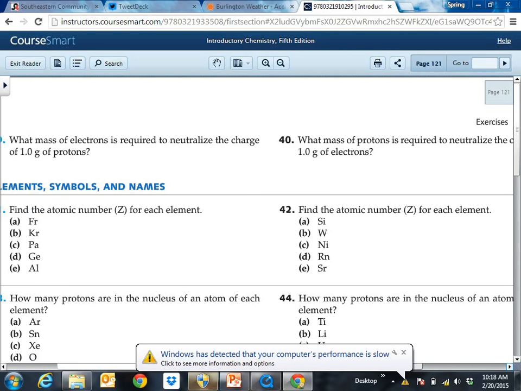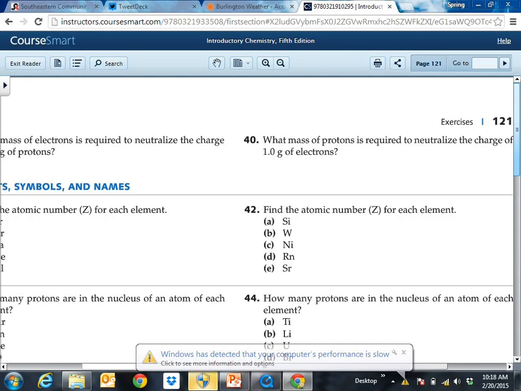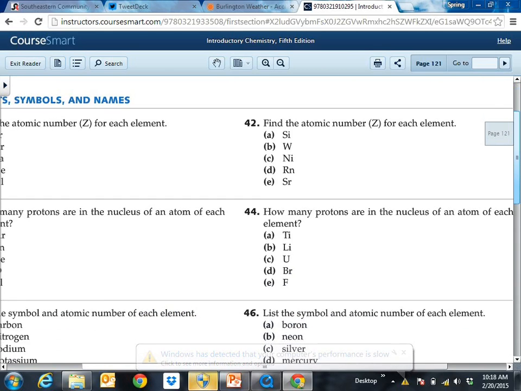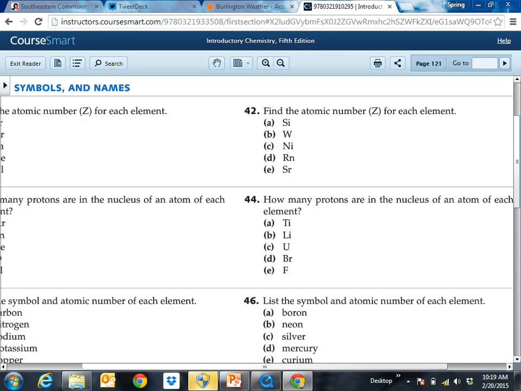So these are just some practice, 42, 44, 46, 48 right here. You definitely use a periodic table of your choice. Feel free to use the one that comes in the back of your notes, because this is what you're going to have on the test.